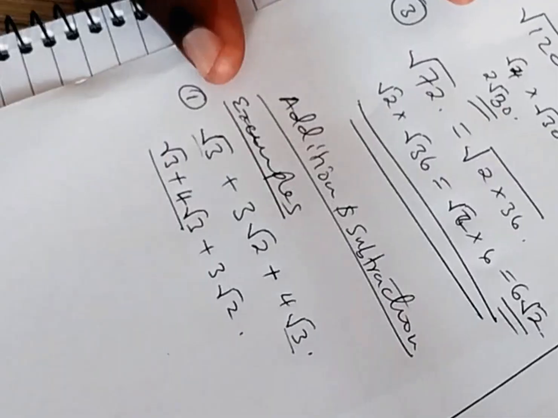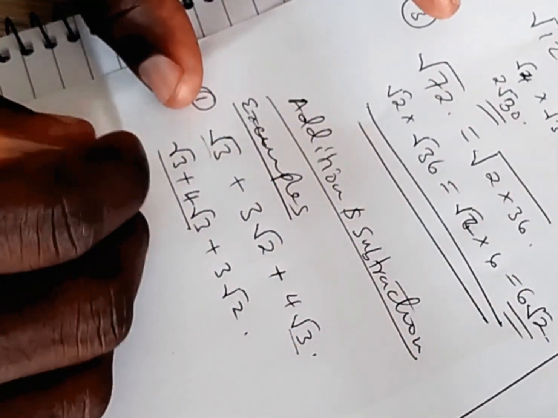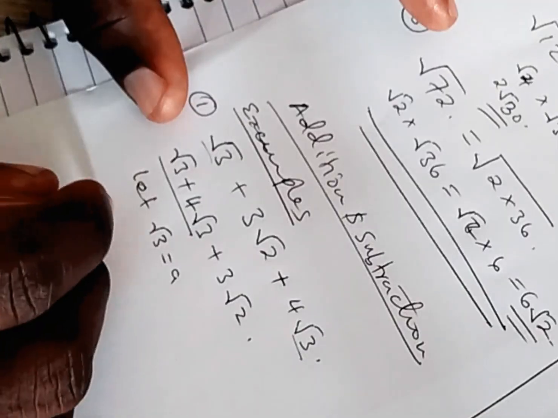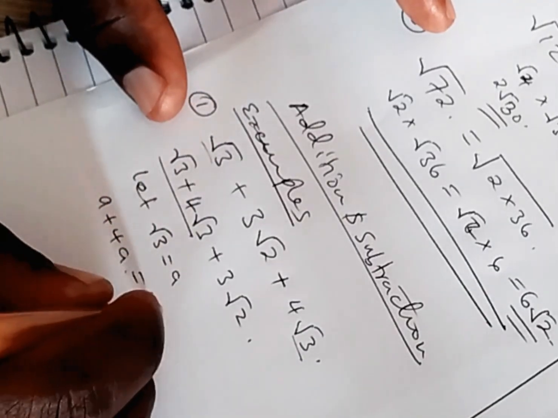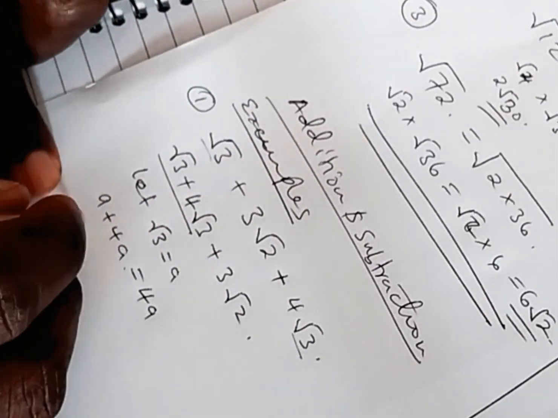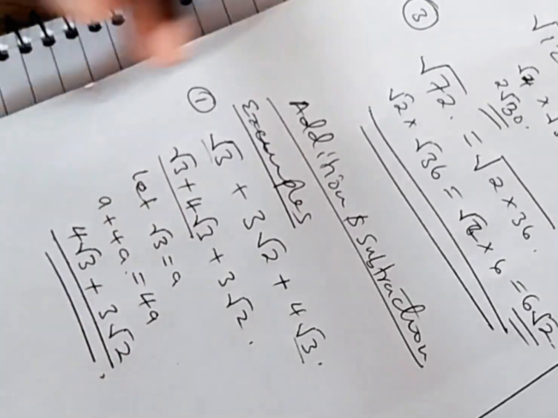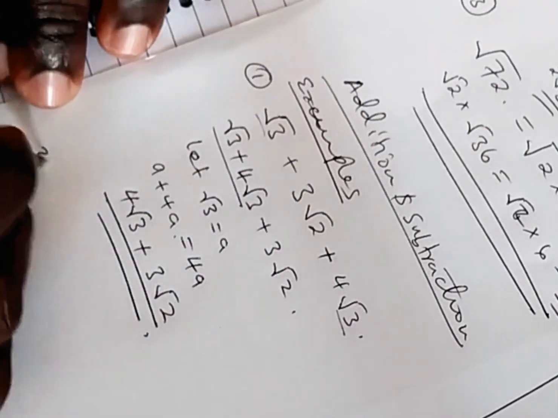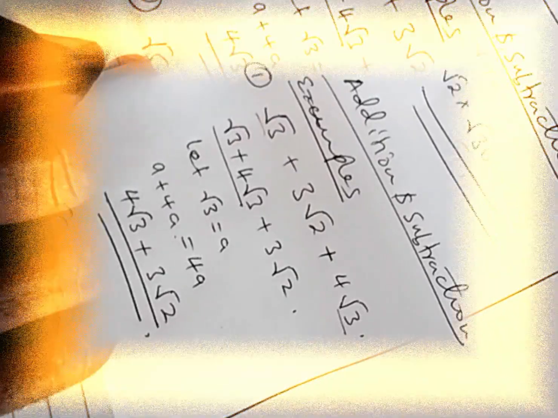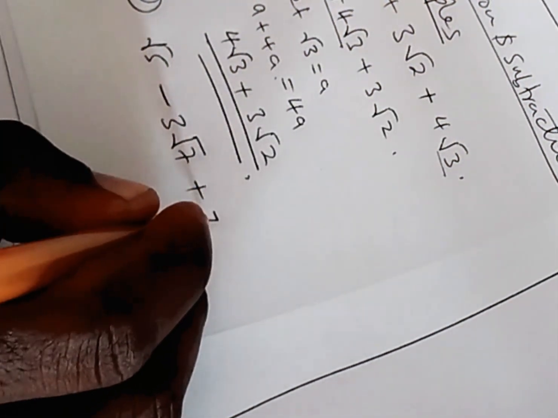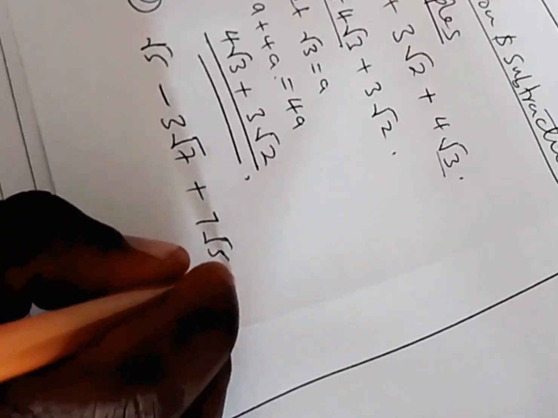So this one, you let root 3 equals a. So it will be a plus 4a, and this is 5a. So your answer will be 5 root 3 plus 3 root 2. That's how you add.